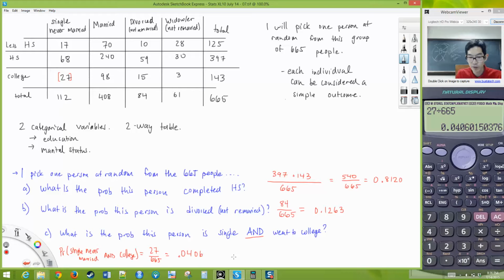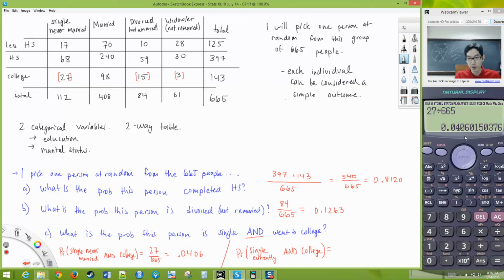Okay, but if I define it as just probability of single currently and college, then we have to add the divorced people who would then be considered single, and the widows or widowers who would also be considered single, okay?